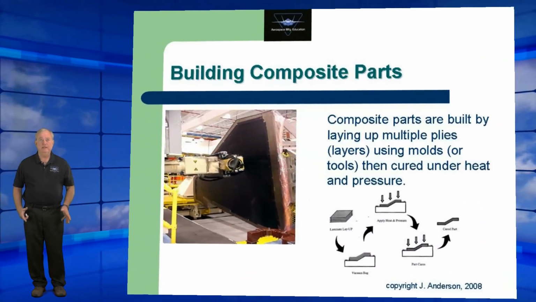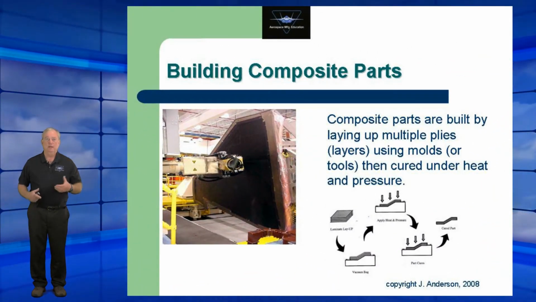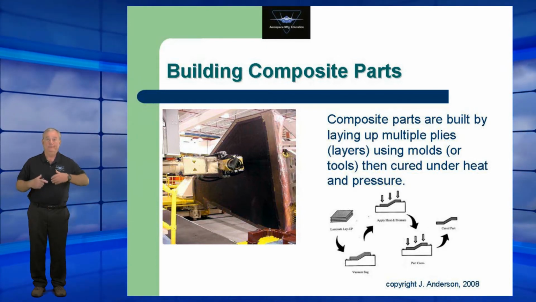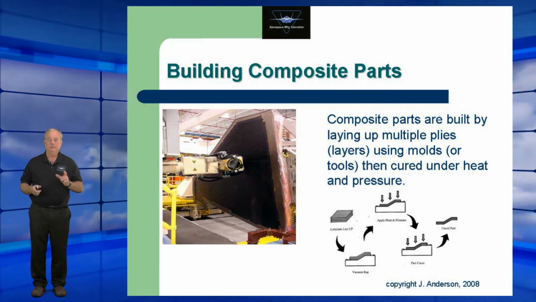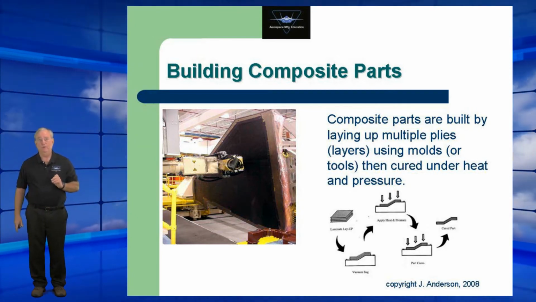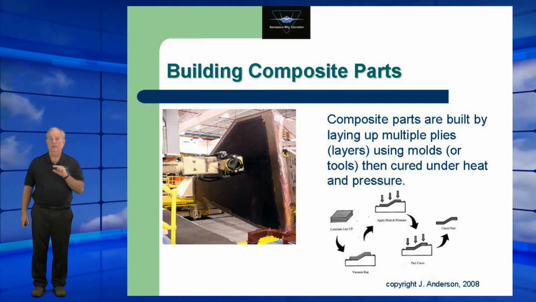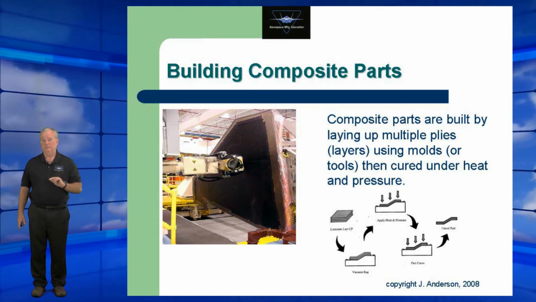Now that we've set the stage by talking about the materials, we can talk about how you actually go about building composite parts. This slide shows on the left hand side an actual part being laid up, and on the right hand side it shows a graphic for that whole process.